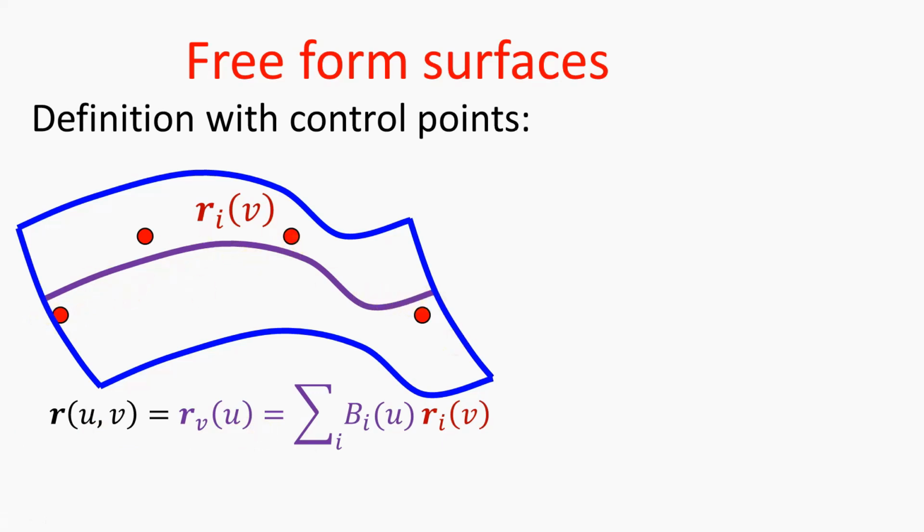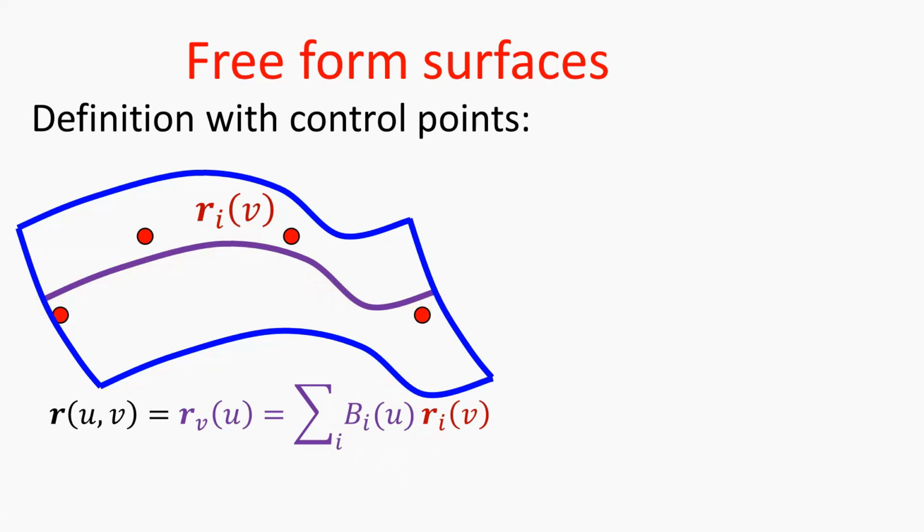Such curves can be conveniently defined with control points, using, for example, the Bézier approach or the Catmull-Rom approach, whatever. This curve is specified by these red control points and with some weighting function system that depends on the type of the curve. With this, we identified one curve on the surface.